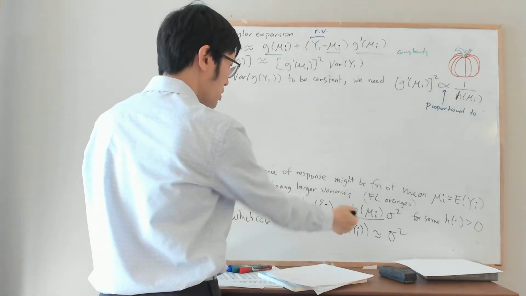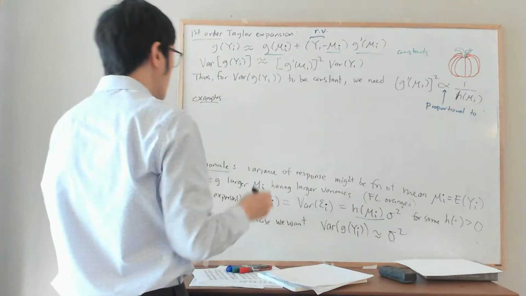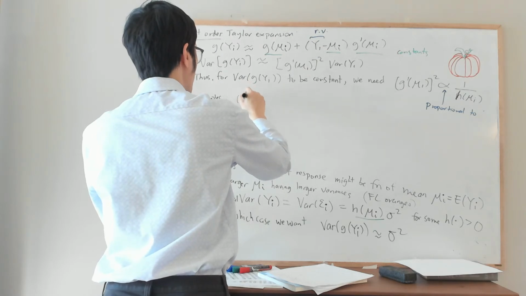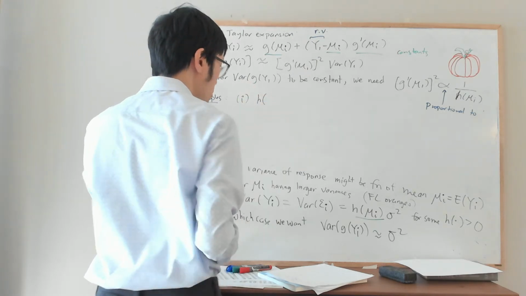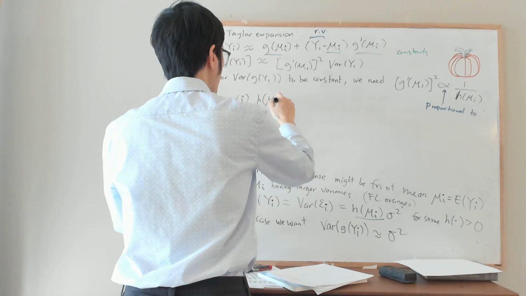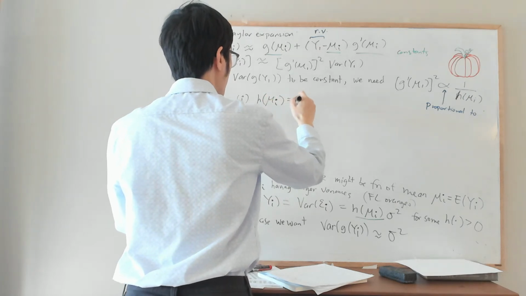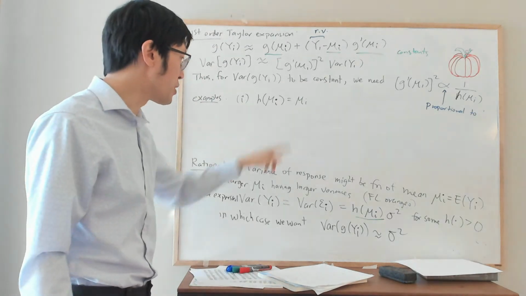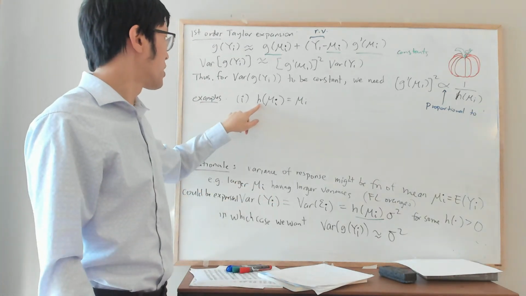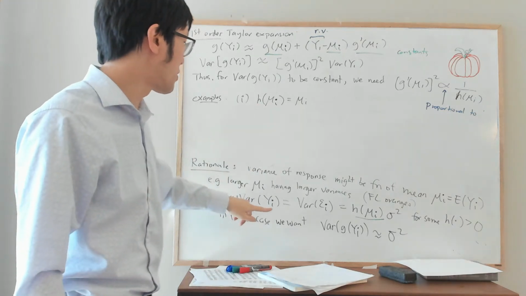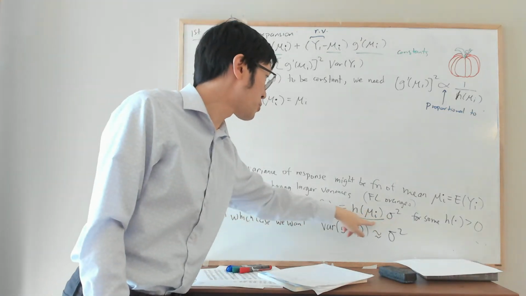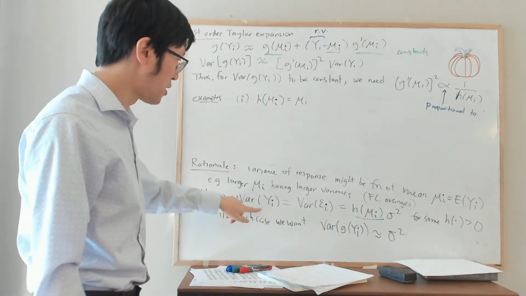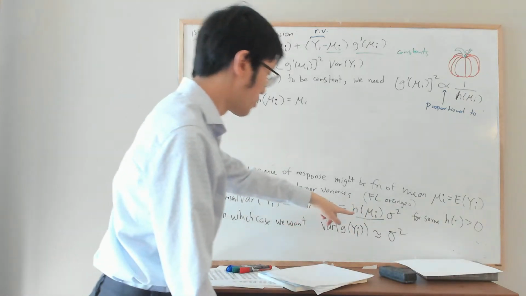Okay, so let's look at a few examples of h first. Number one: what should we do when h of mu i is mu i? So first, what does that mean? If the function h is mu i, then that means the variance of y is sigma squared times mu i. In other words, the variance is proportional to the mean.